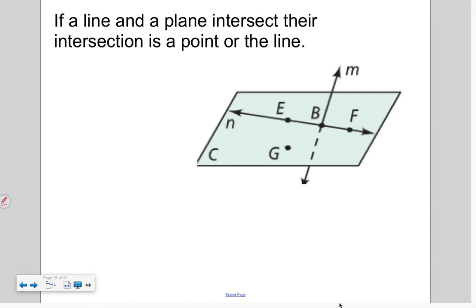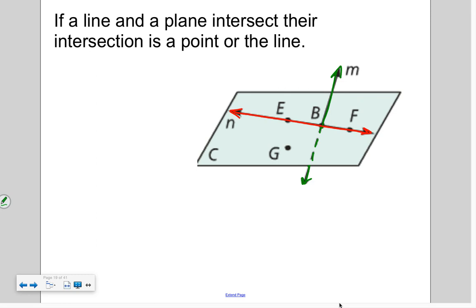So the example we looked at a couple slides ago, we had a line that was contained in the plane. Well, the intersection is the entire line. Now this other line in our diagram, line M, you'll see that from point B up, it's solid, but from point B down, they have a dotted line till it pokes back out down here.